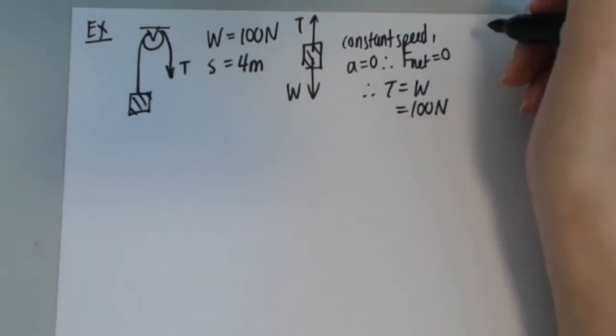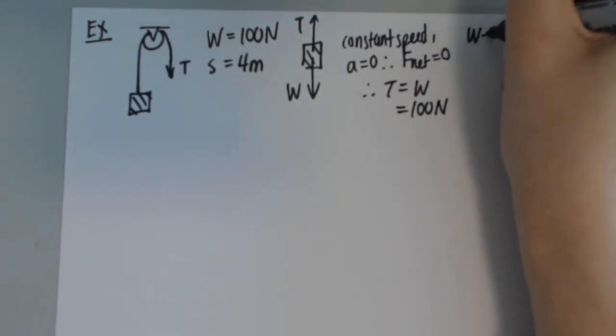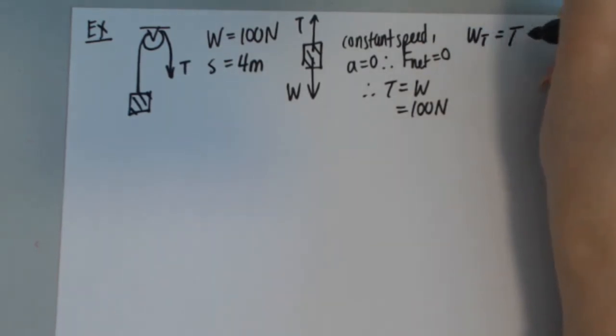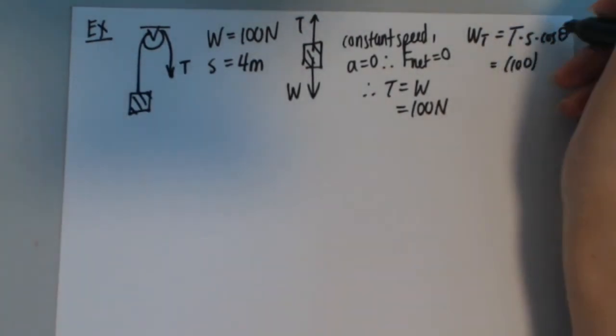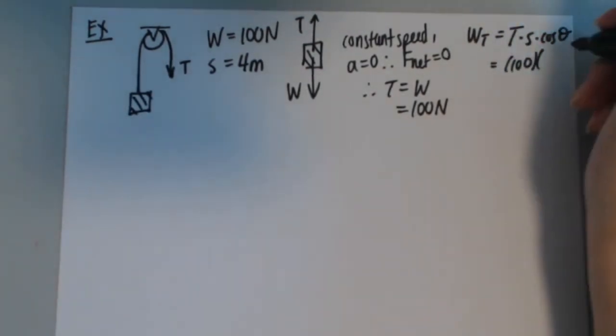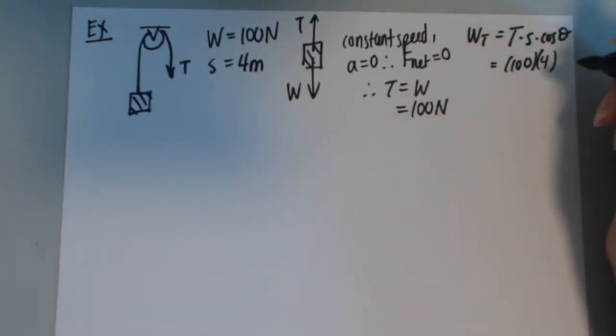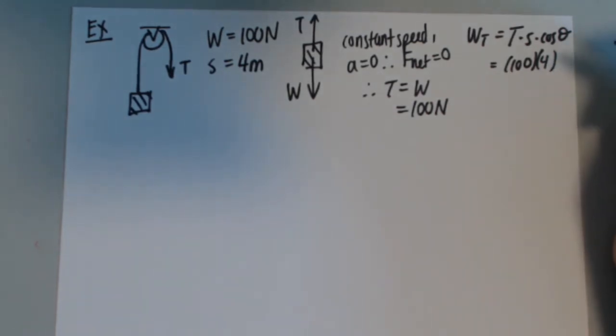So if we're looking for the work done by the tension force, well, that's going to be equal to the tension force times the displacement times cosine of theta. Okay, so tension force is 100, displacement is 4 meters. Now to figure out the angle, we have to see which way it's going. So, find the work done by the tension force if the lift occurs at constant speed.